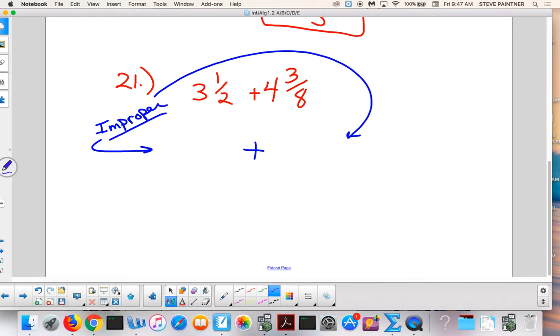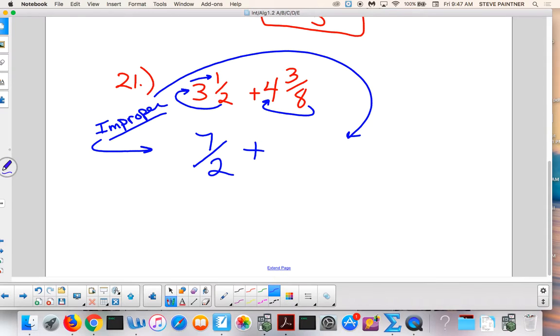I'm just asking to change 3.5 to like 3 times 2. Okay, 2 times 3 I heard. Then what? Then add the 1. Okay, so 2 times 3 is 6, add 1, you get what? 7. Over what? The divisor 2, got it.